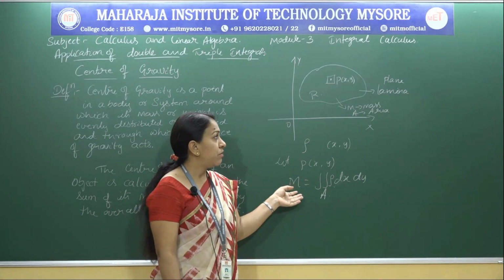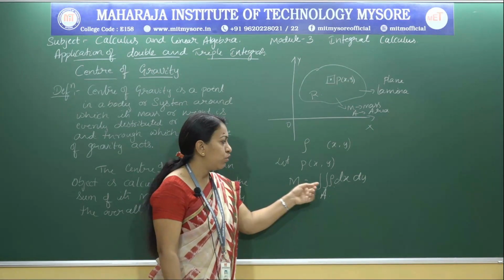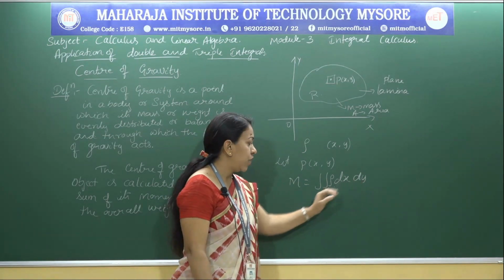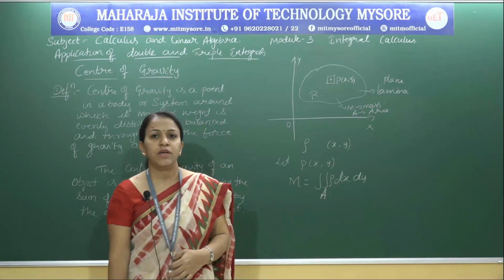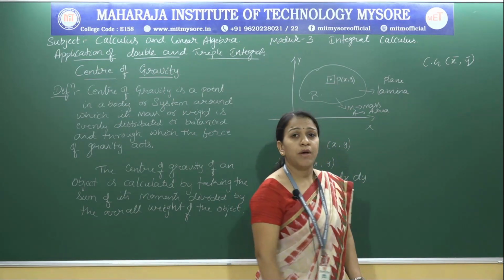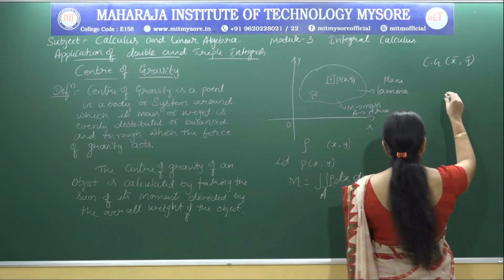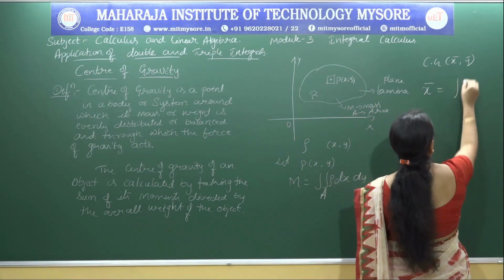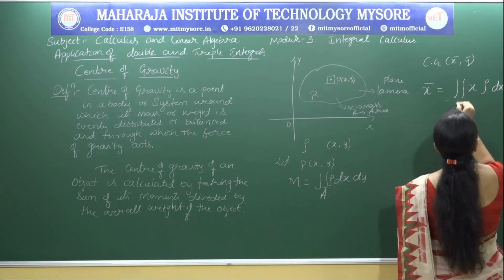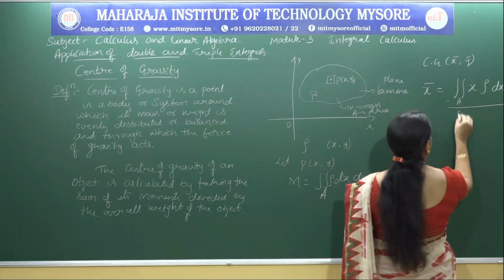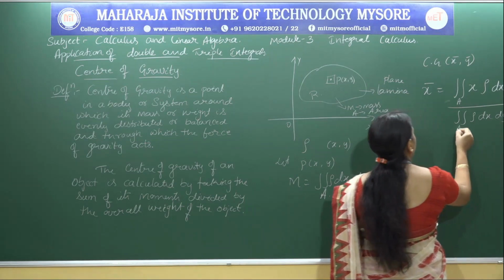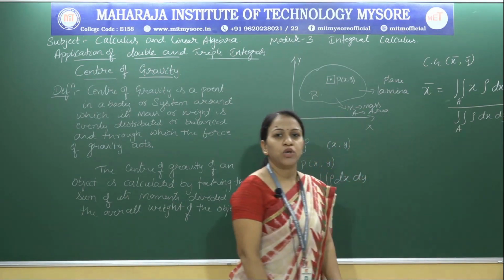Then the total mass of that plane lamina is given by m equal to the double integral of rho, that is the density, dx dy over the given area of the lamina. So the center of gravity x bar comma y bar is given by x bar equal to the double integral of x into rho into dx dy over the given area, divided by the double integral of rho dx dy over the area, which is nothing but the total mass m.